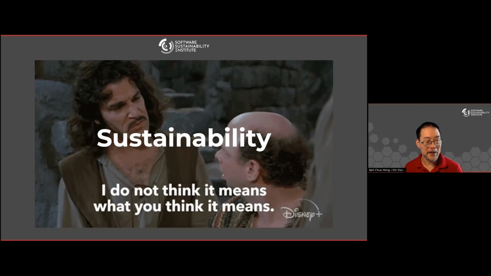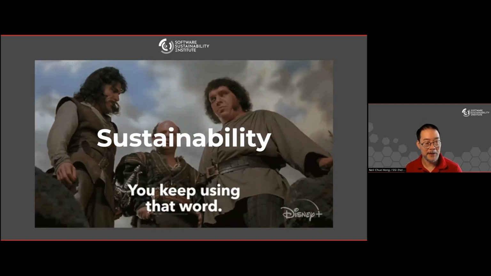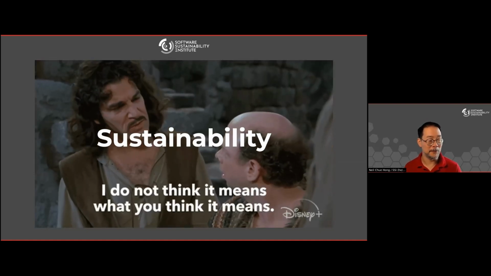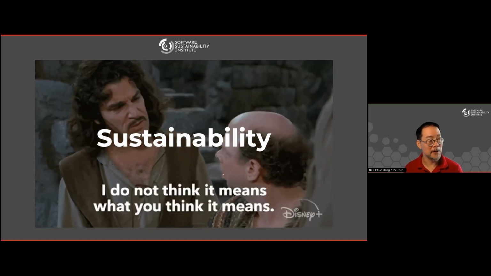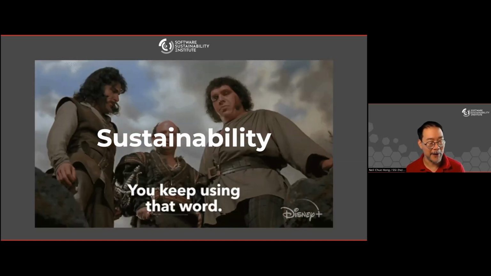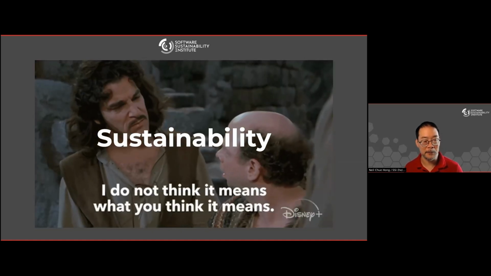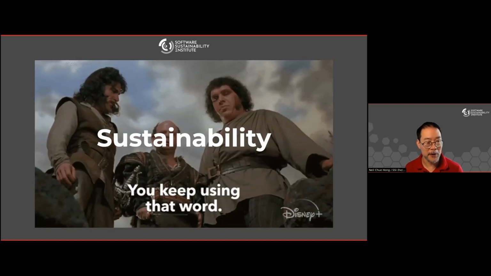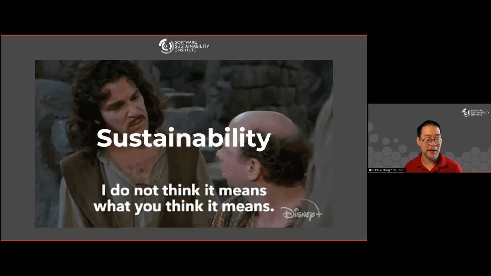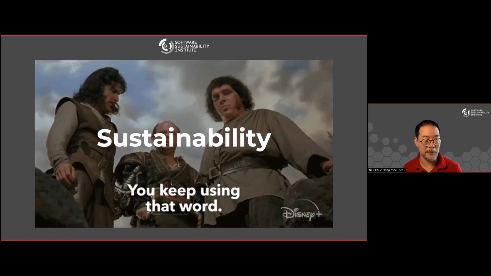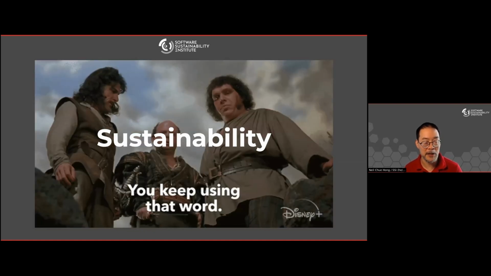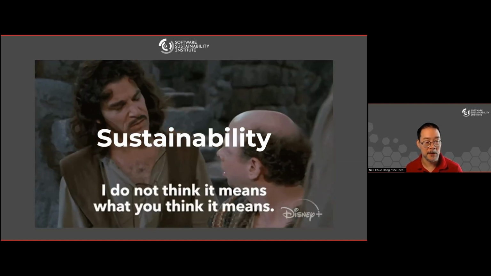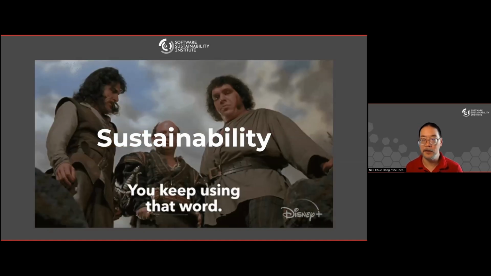Sustainability can be defined in terms of different things: environmental sustainability, sustainability of form, sustainability of practice, endurance. It is a word that is very hard to pin down to one specific definition, much as research software engineer and research software engineering is a phrase that is hard to pin down to one particular definition.